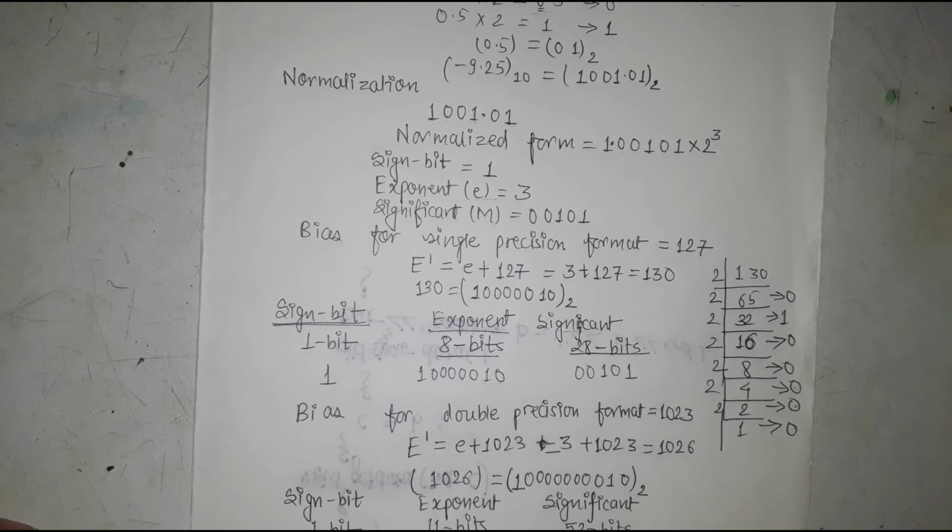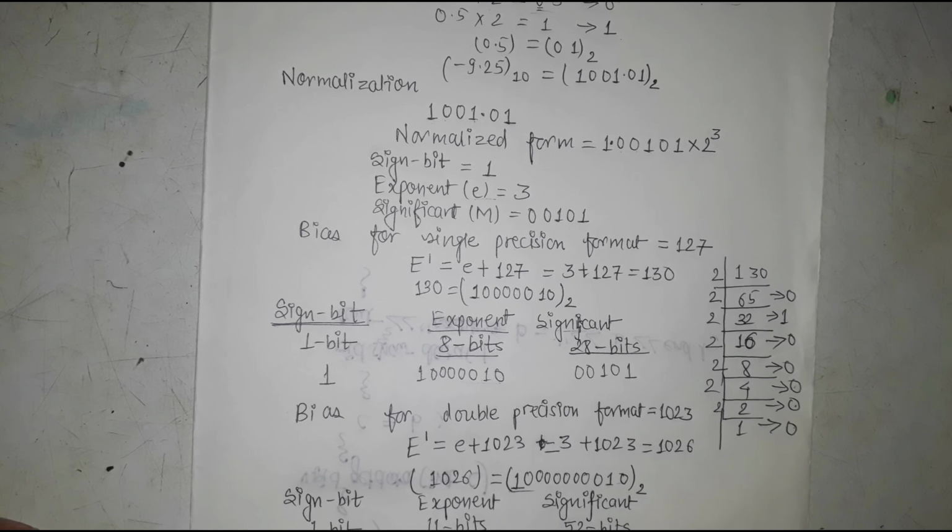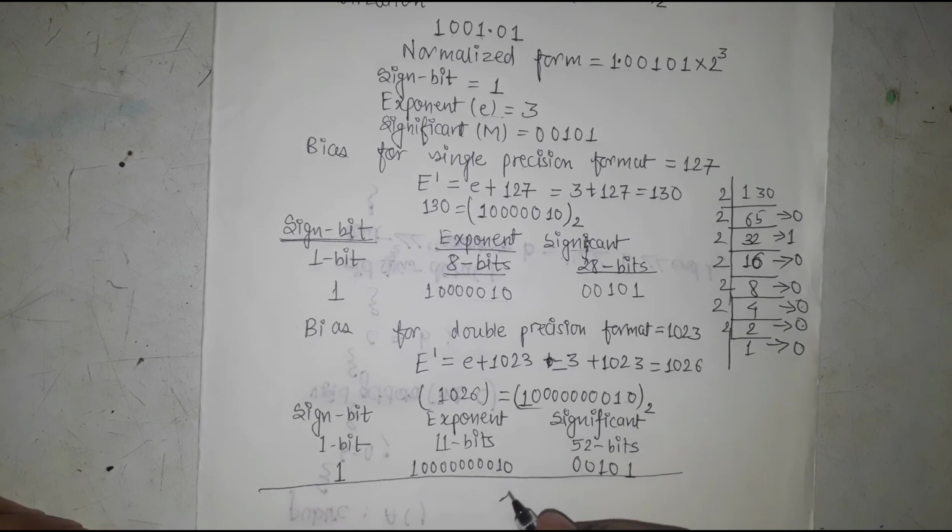Alright, so the sign bit is the same as single precision. The exponent, we just calculated it: 1, 8 zeros, and there's 2 more. The significand would be the same. So this is done. This is in double precision format.